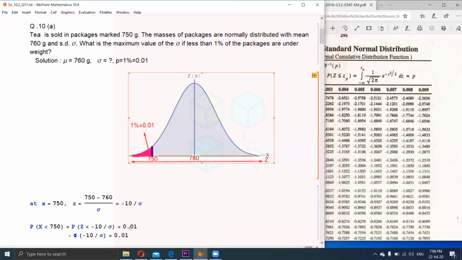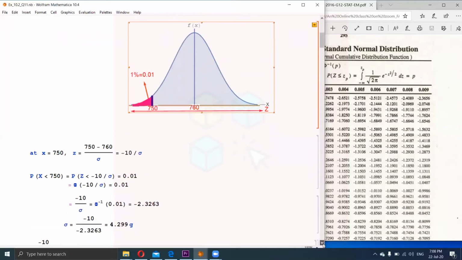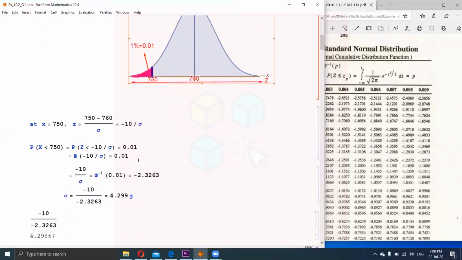So in this equation we can write 0.01, and phi of minus 10 by sigma can be written in place of the probability z less than minus 10 by sigma, and phi is equal to 0.01. Whenever phi comes on the right side of the equation, we have to write it as phi inverse of 0.01.